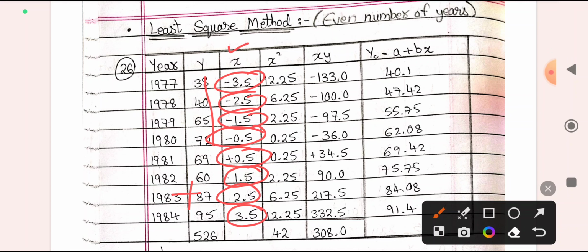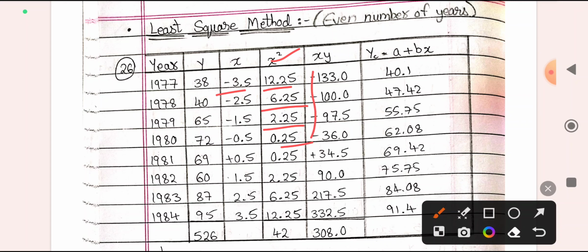So x values we have taken, we need to do x square, multiply it. 3.5 into 3.5, minus into minus will become plus, so after doing the square there will not be any minus value anymore. So 3.5 into 3.5, 12.25, 2.5 into 2.5, 6.25, 1.5 into 1.5, 2.25, 0.5 into 0.5, 0.25.